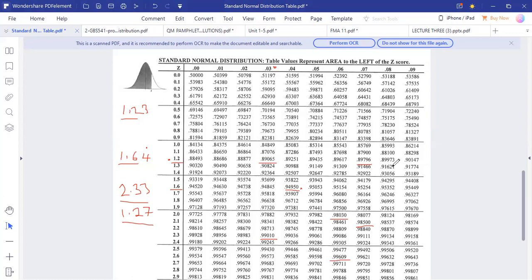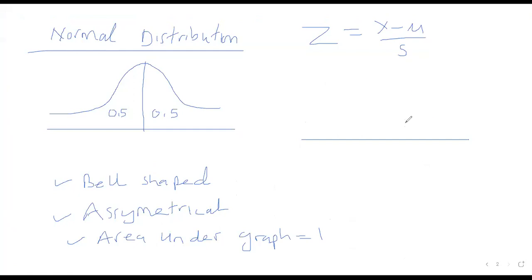So I was saying readings start from this end up to this side. If we said 1.23, we went to 1.2, 0.03. This is 0.89065. What that means simply is the reading from here up to here, 1.23.